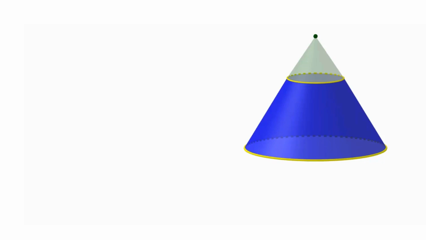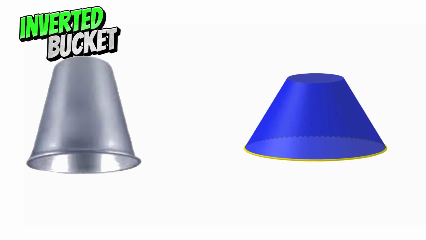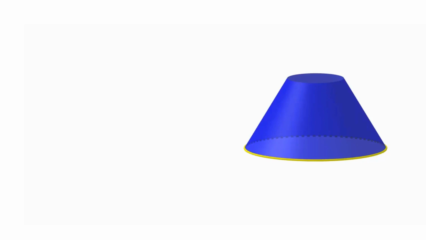So look at what we have on our screen. We have removed the upper part of this cone and we are left with a shape that looks like an inverted bucket.